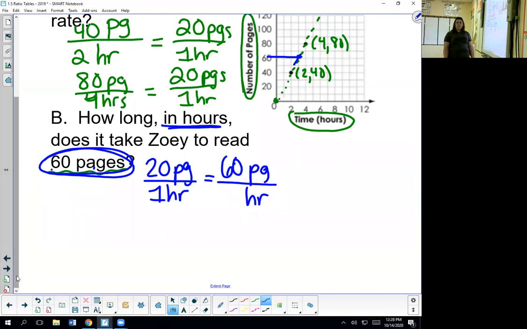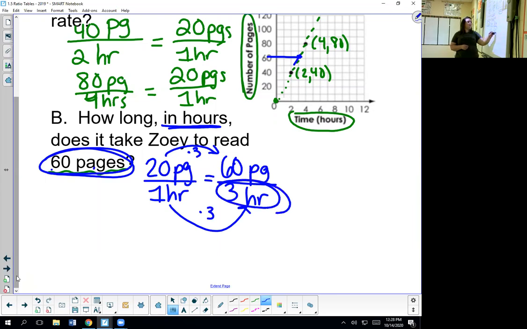Well, then how do you go from there? You can do a couple of different ways. You can make it into a chart or whatever, but how do you go from 20 to 60? You say add 40, no, think about multiplier, divide. If you think times 3, that should make sense. Times 3 would be 3 hours. So the answer here is 3 hours to read that.